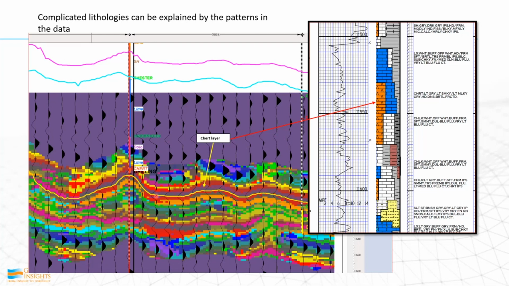And I could tie beautifully to the chert, but if you look at the complicated nature of Mother Nature here, you've got limestones, you've got chert, you've got chalk, you've got 2 or 3 different kinds of clays and shales, you've got clastics, and then you go back into limestones again. So as you're drilling these things all over the world, Mother Nature is not always simple either. And the patterns can give you a clue as to how your rock properties or rock types are changing as you're going.